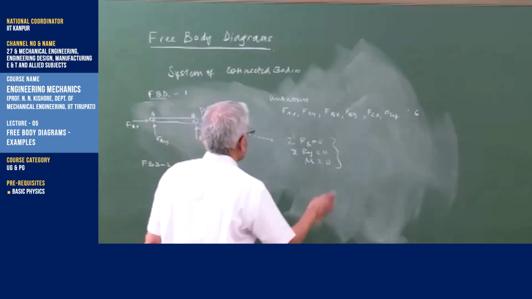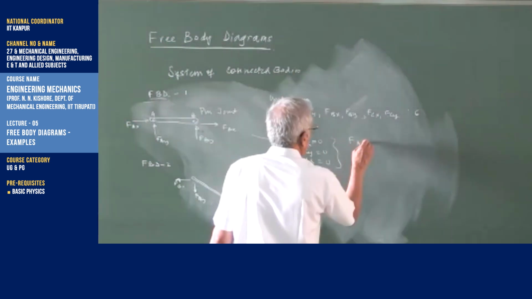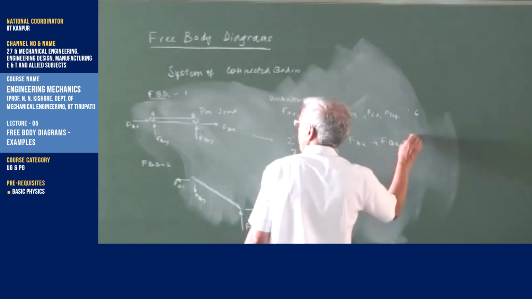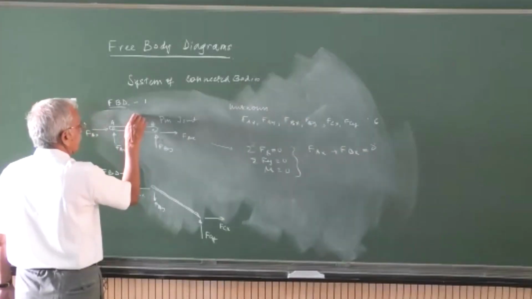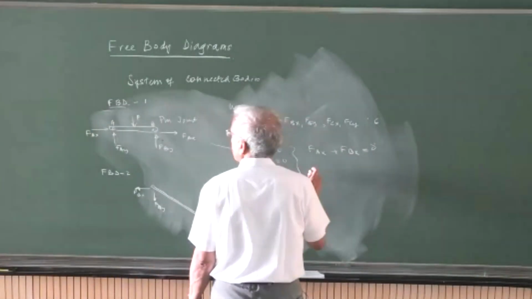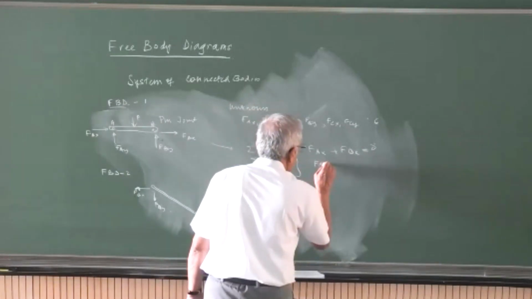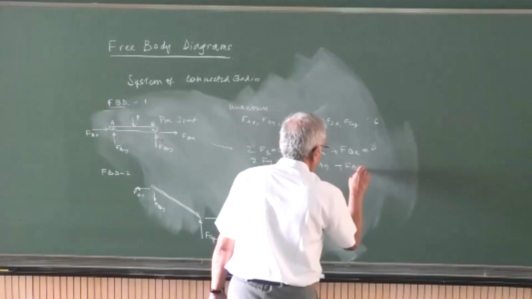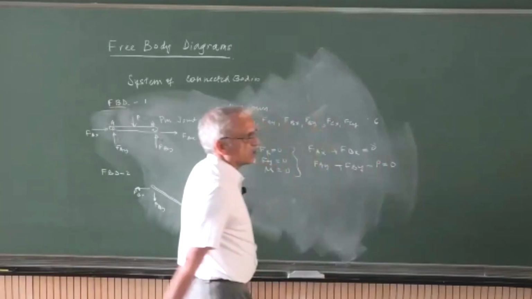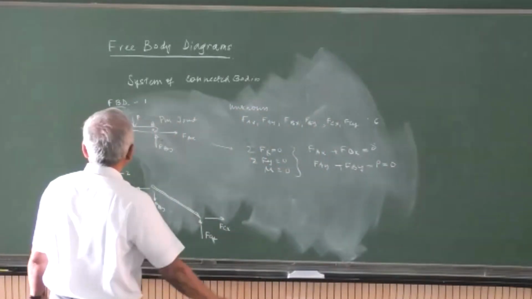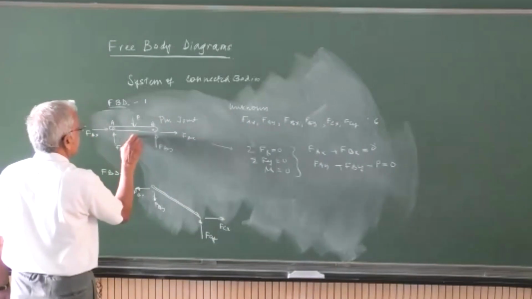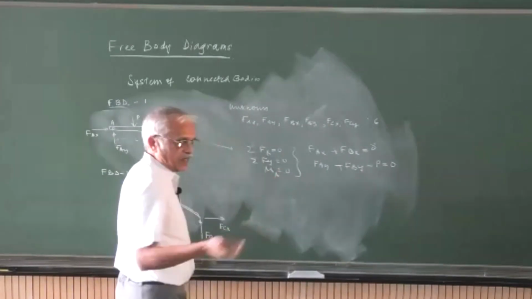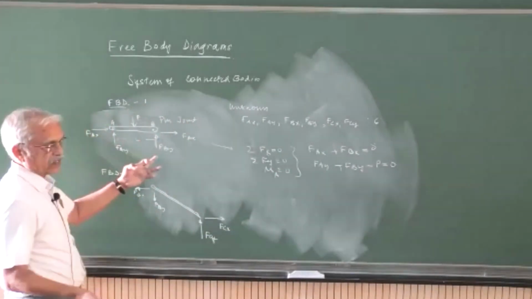In fact, if you want, we can even write Fax plus Fbx. Of course, there is an external force P here. And then we also have Fay plus Fby minus P is 0. Okay. And what else? The moment about A, if you want, we can put it as, if this is a distance of L, so maybe you can take it about A. So as I was saying, it's a matter of your convenience.